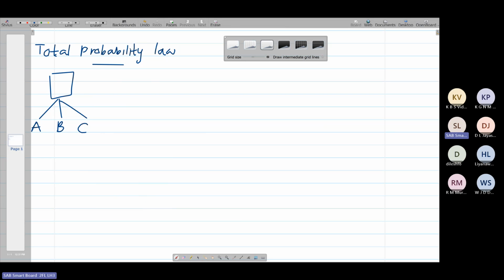Then we assume 30% of the total production is produced by machine A. 20% of the total production is produced by machine B. Then the remaining part is what? 50%. So 50% of the total production is produced by machine C. Here, there's a factory.